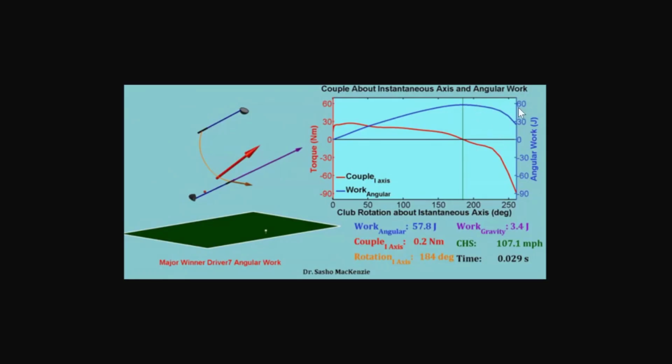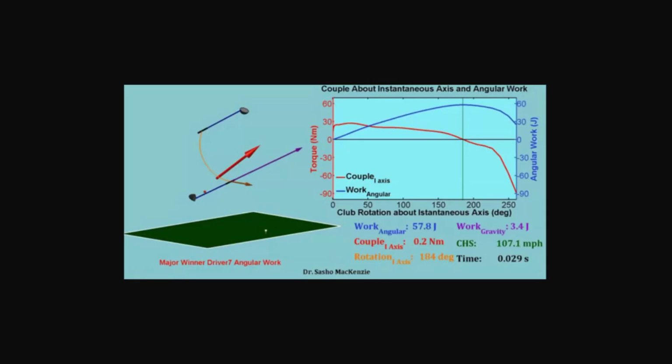But notice that by the time he gets to impact, the work performed by the hand couple is actually diminishing. It's only 30. Remember, I said that the amount of work performed by the lead arm performing linear work was 238 joules.